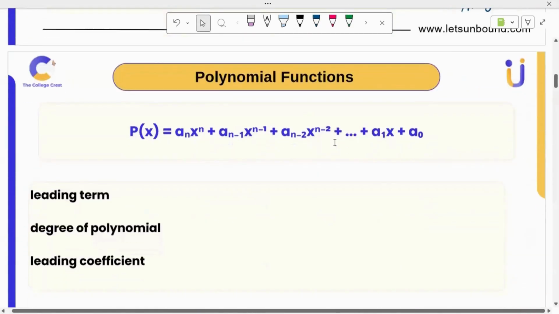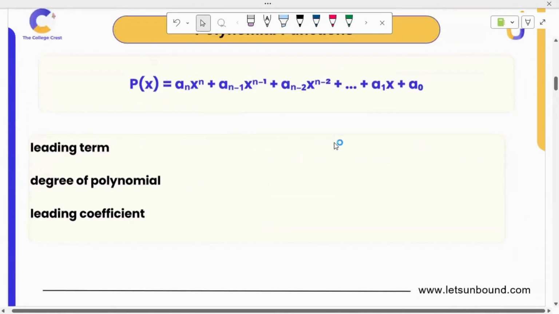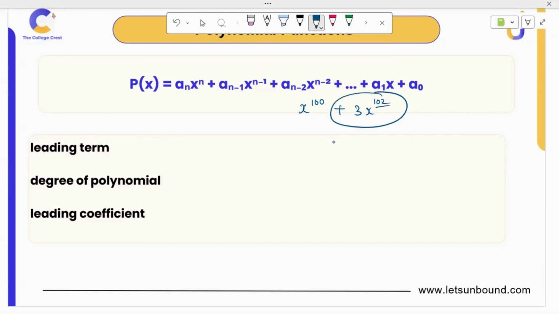Now, we need to understand one thing. If any polynomial is given, you should be able to find these things. What is the leading term? What is the degree of a polynomial? What is the leading coefficient? Leading term means the term which has the highest power. For example, if I put x power 100 plus 3x power 102, this is a polynomial. Look at which has the highest power. This term, x power 102. So that complete term is the leading term.